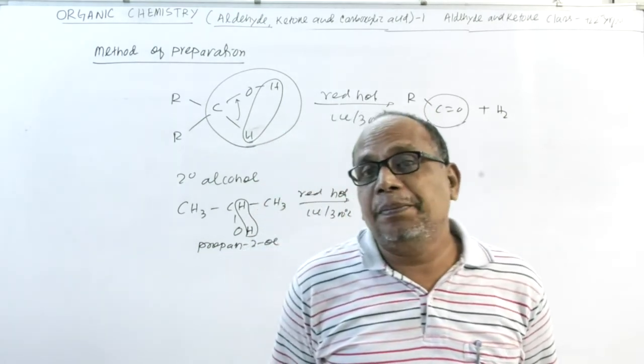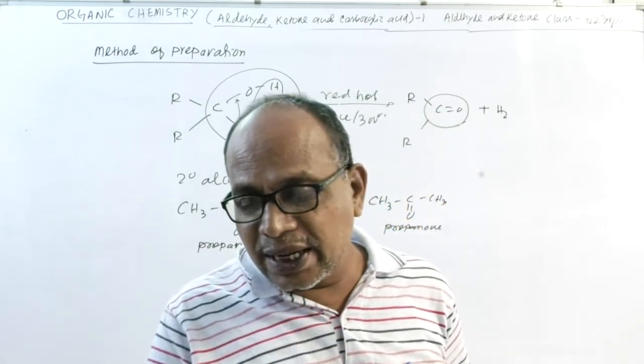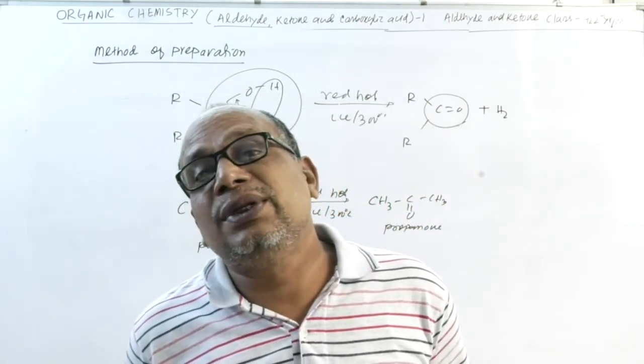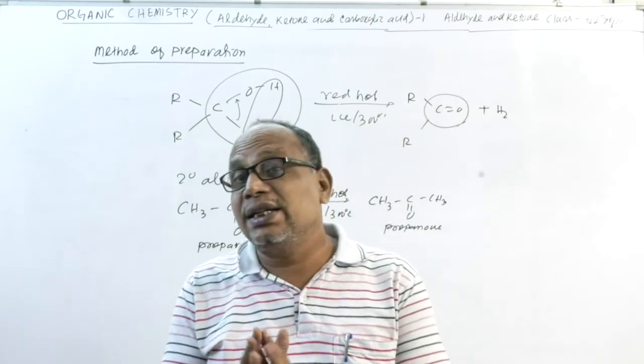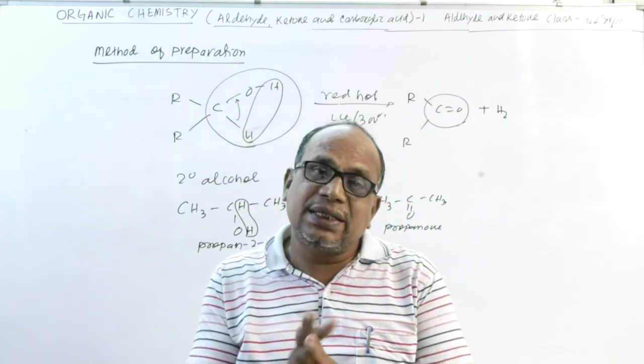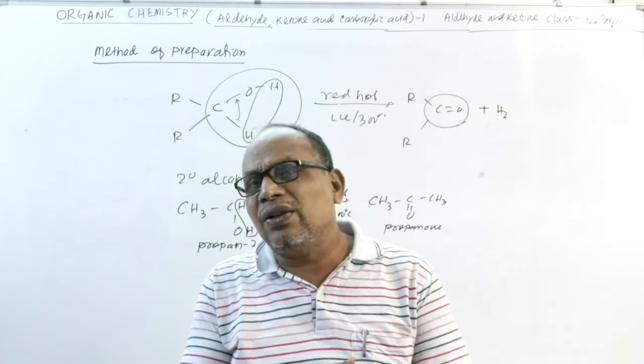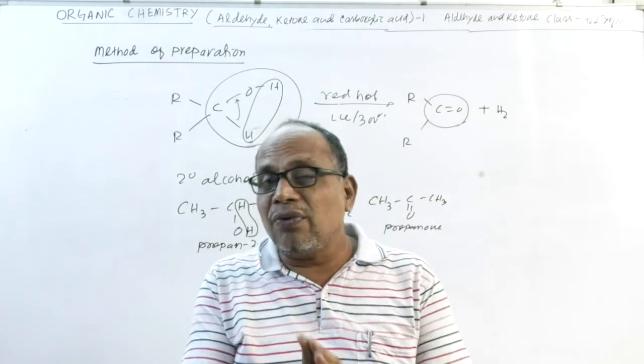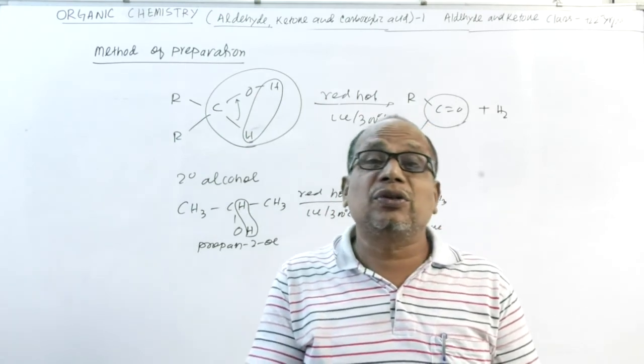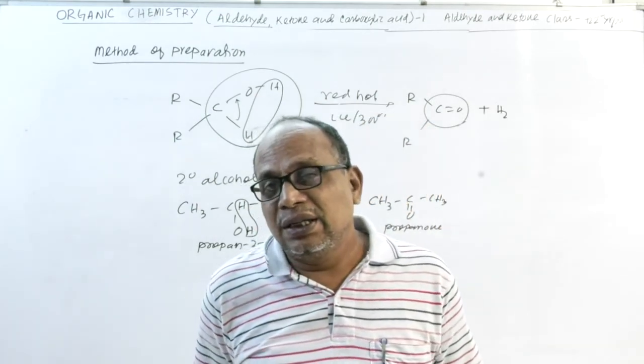To check the oxidation, we use specific oxidizing agents like PCC, PDC, Collins reagent and Jones reagent. These are all compounds of chromium having oxidation state +6.